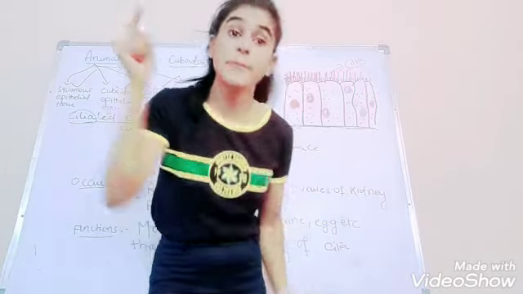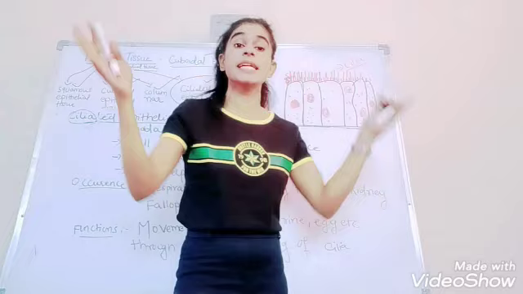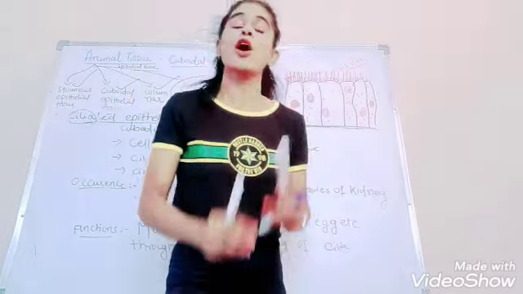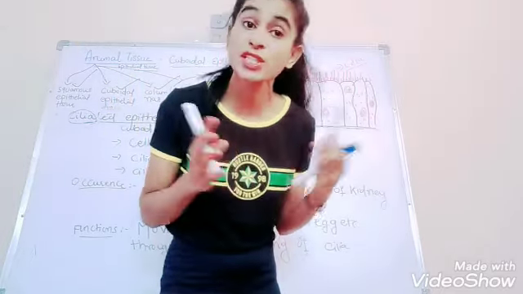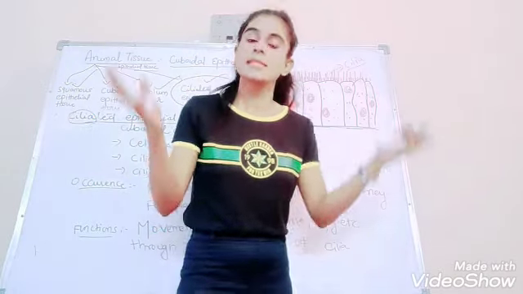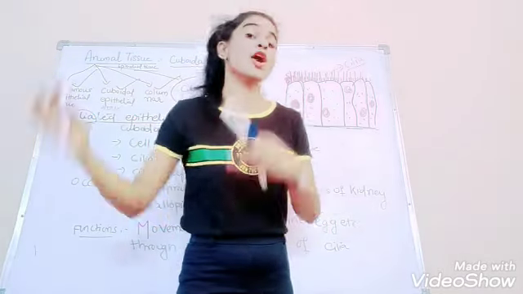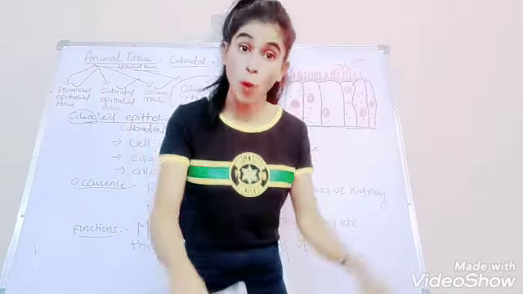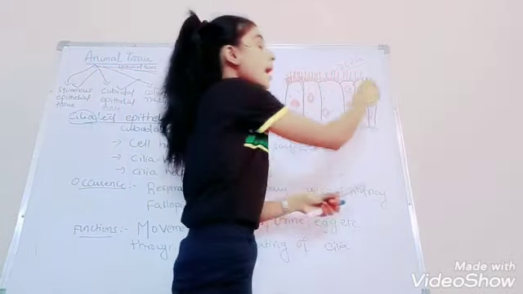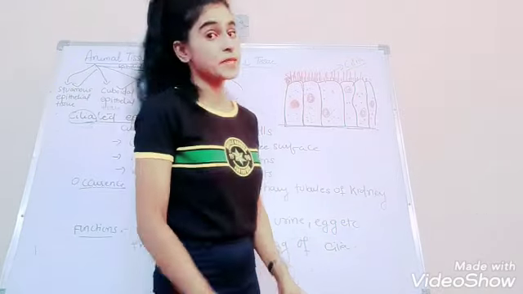And what is the main function of cilia? It helps in the movement of any substances present in the cell. So generally it's a cube-shaped or column-shaped structure which possesses cilia, which helps in the movement.